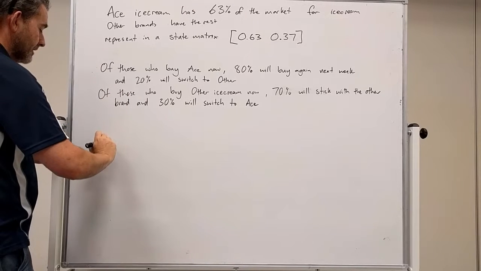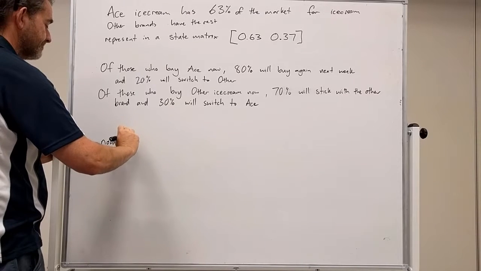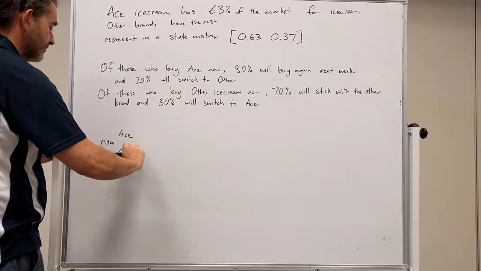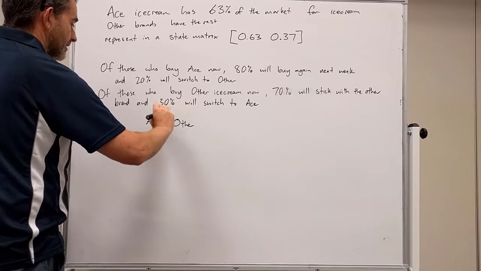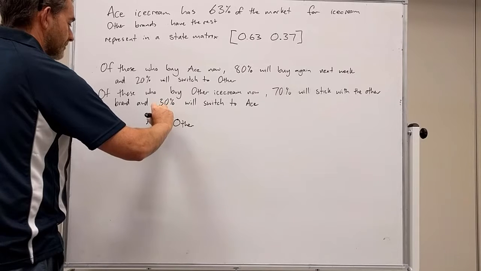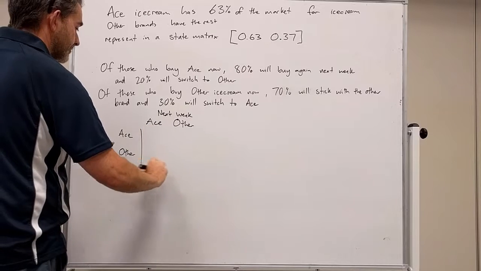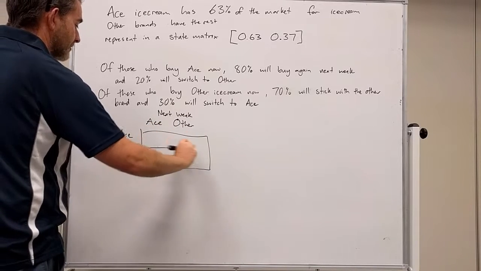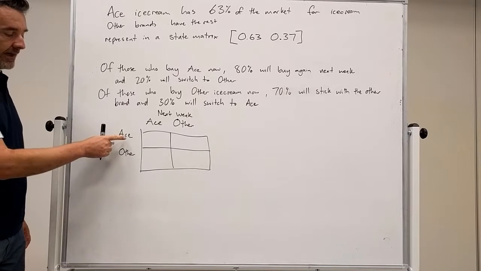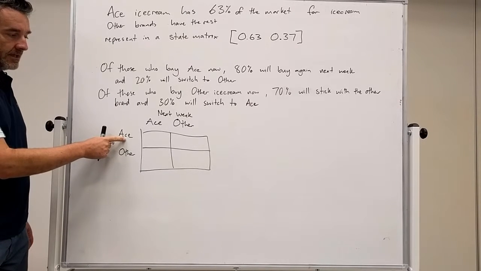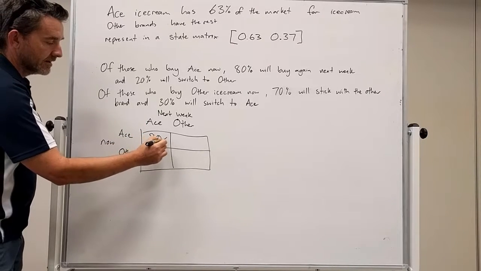So we've got 4 numbers here that we can put into a matrix, and basically what it's saying is that now we've got Ace and other, Ace and other next week. If I was to put this in a table, just to get my thinking organised, right now, out of the people who've got Ace, next week, 80% of them are going to stick with Ace, right?